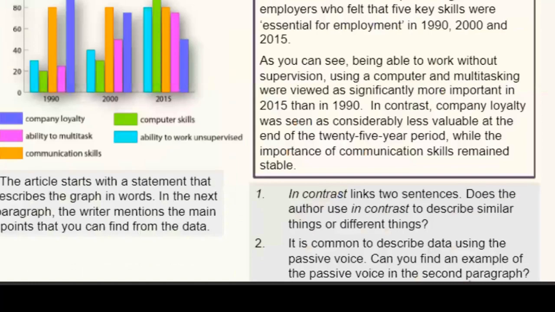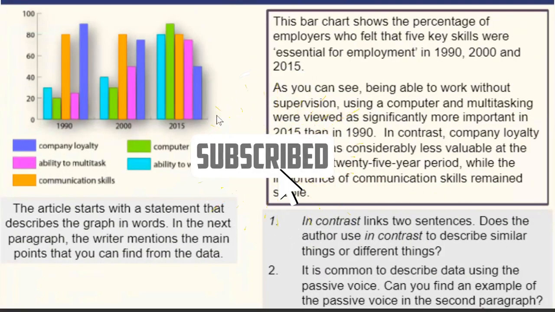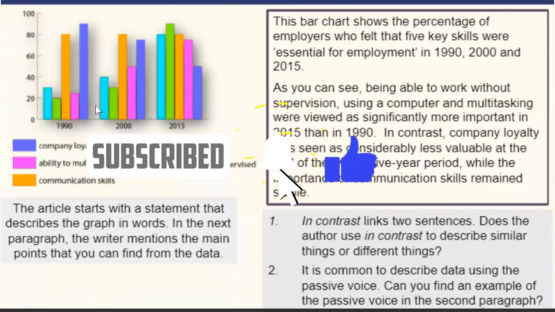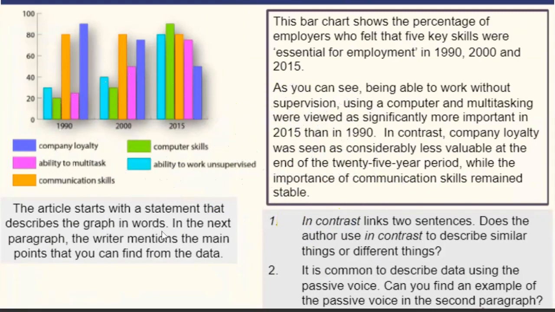Let's go next. Okay, it says the article starts with a statement that describes the graph in words. In the next paragraph, the writer mentions the main points that you can find from the data. So the introduction is basically just a description.